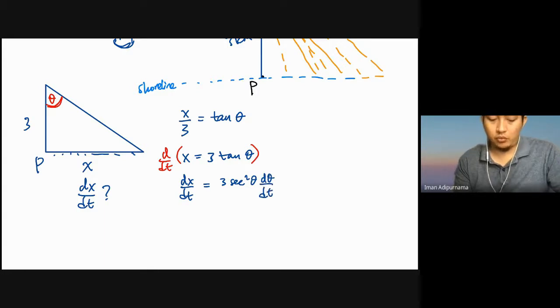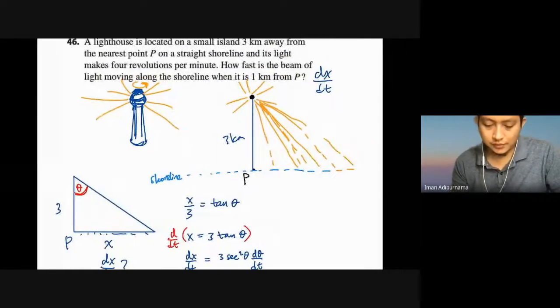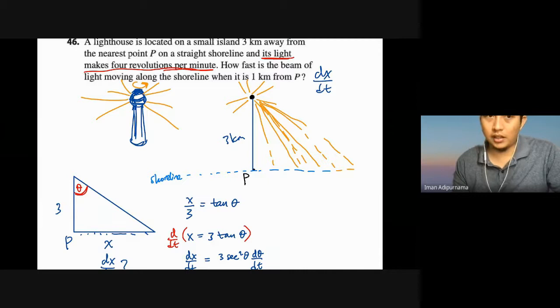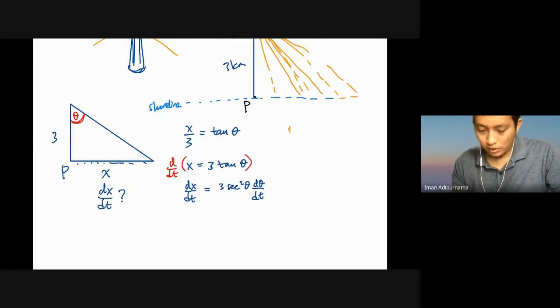Now we actually have the revolutions here. The light makes 4 revolutions per minute. One revolution is a full circle, and a full circle is 2 pi.